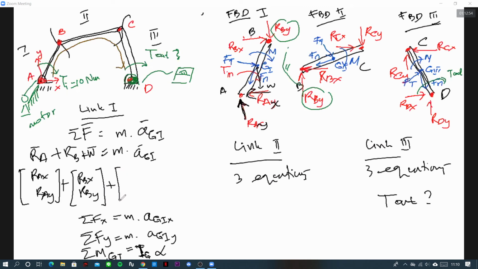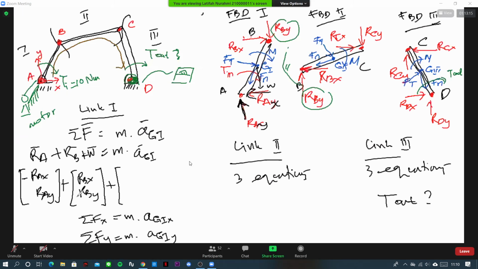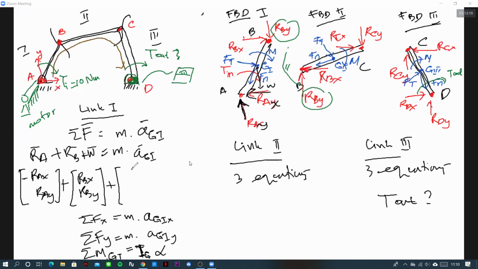So where should we put plus or minus if we are writing it as a vector? You can put it inside the bracket. For example, Rx is going to the left, so you can put it as minus here, or you can put it here as a plus minus. The same as here, I will put 0.